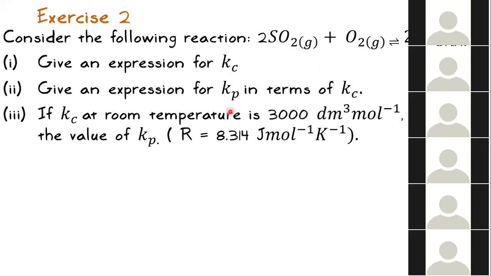So here they are assuming you know room temperature. The average temperature of your room is 25 degrees Celsius. So you convert that to Kelvin and plug it into the expression for Kp, and then you get your result. Then also take note of the units used.